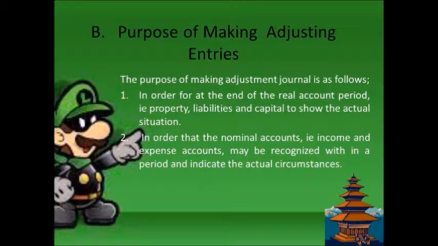Number 2, in order that the nominal accounts, i.e. income and expense accounts, may be recognized within a period and indicate the actual circumstances. That's why an adjusting journal should be made, so that at the end of the book closing period, all accounts show actual value. Let's move to the next.